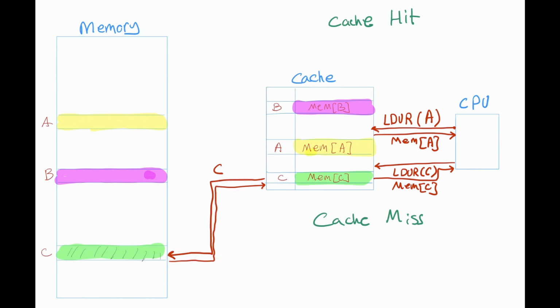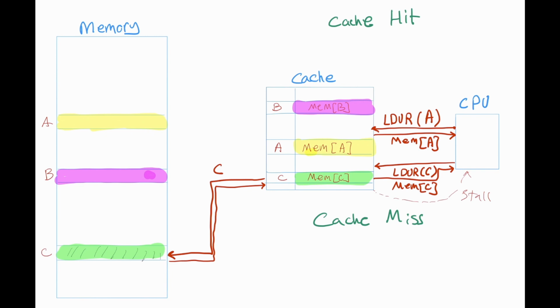And because it's slow, what does the CPU need to do in the meantime? The moment we realize that we have a miss, we have to ask the CPU to stall itself. So as soon as we find out that we have a miss, we tell the CPU that it should stall, just like it stalls for the pipeline. It doesn't do anything.